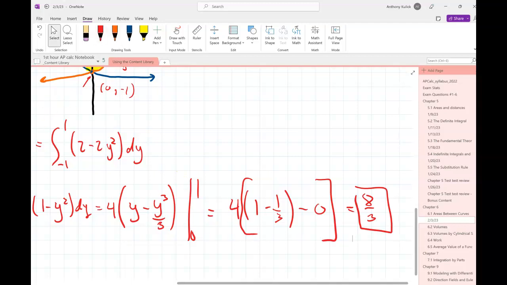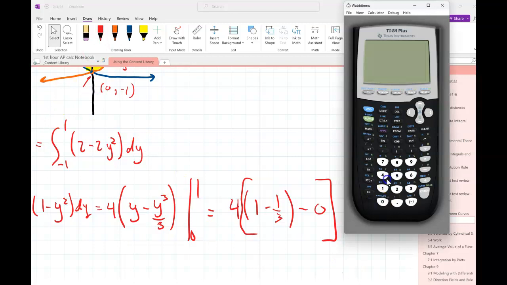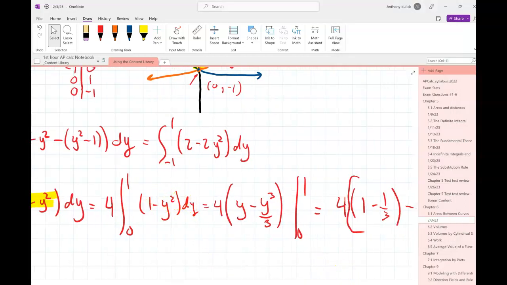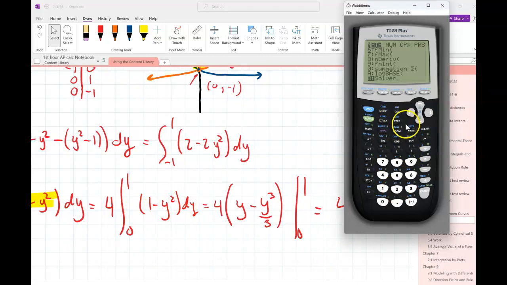Can I still do this on my calculator, if I wanted to do the function integration? Yes. What would I do? I would set it up exactly like it's written, except instead of y's, I'm just going to type x's, right? Because we know the name of the variable doesn't change the integral. So 0 to 1, oops, I forgot the times 4 out front.